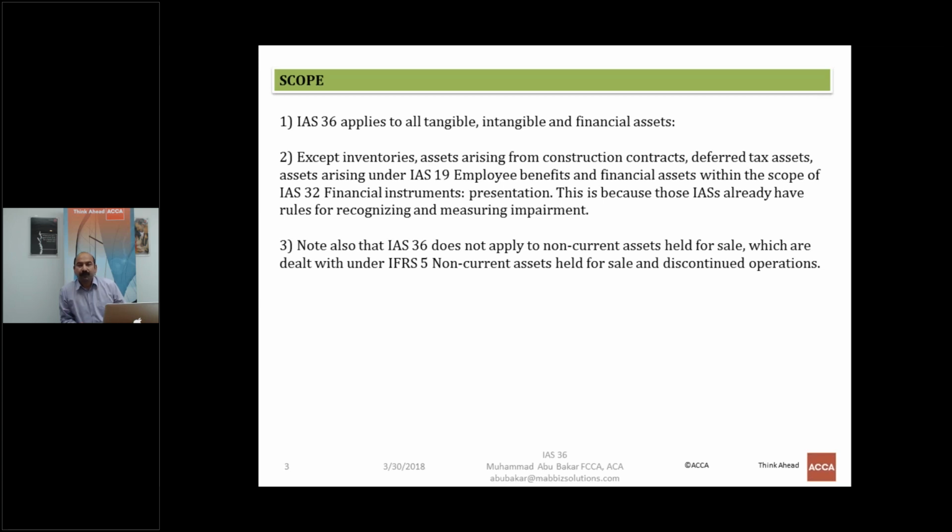This is because those IASs already have rules for recognizing and measuring impairment. So that's why in point number 2 you can see those assets on which the requirements of International Accounting Standard 36 will not be applicable. Further note that International Accounting Standard 36 does not apply to non-current assets held for sale, which are dealt with under IFRS 5.